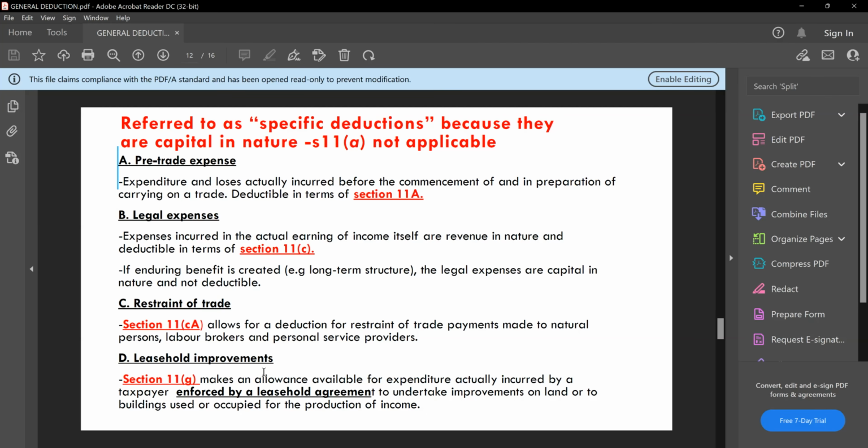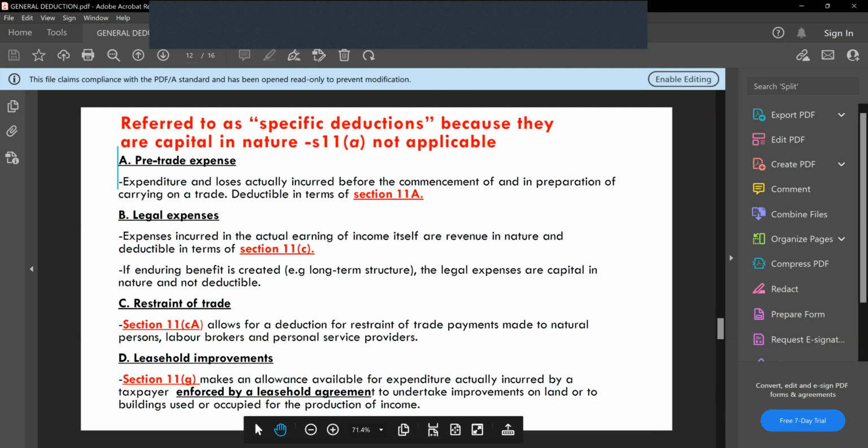So there has to be an obligation imposed on the lessee to effect improvements on the property of the lessor, and therefore Section 11G will make an allowance. Section 11G provides an allowance for the lessee on the value of the improvements.